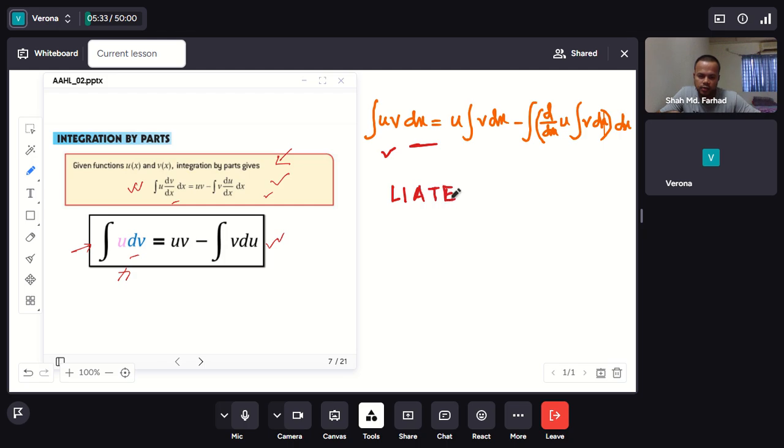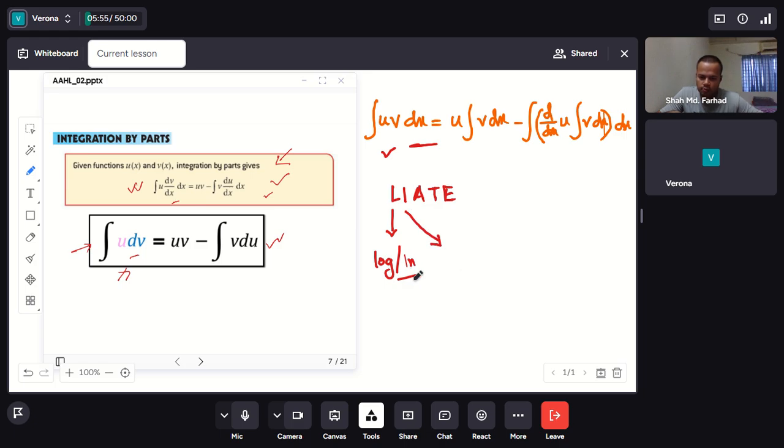LIATE. Can you remember that? L is for what type of function? Logs, that is ln, natural log, right?